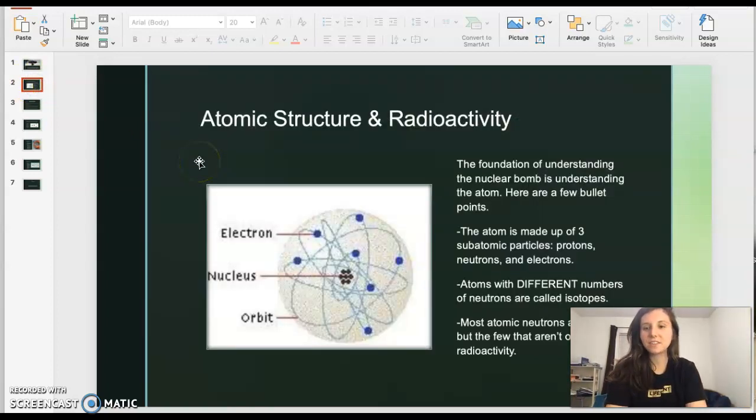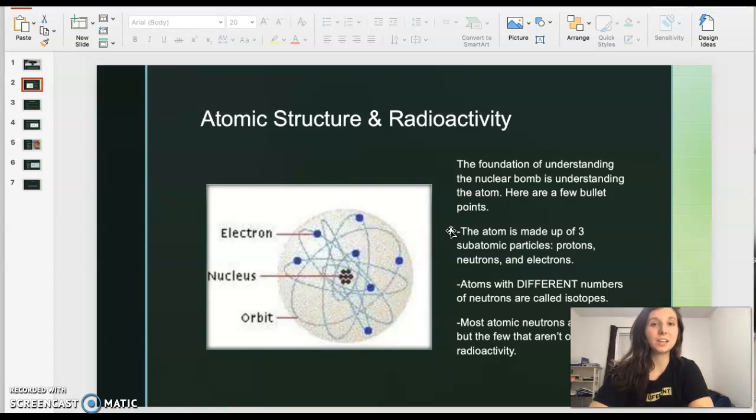Going into it, we first have to have an understanding of atomic structure and radioactivity. On a very basic level, the foundation of understanding the nuclear bomb is understanding the atom. Here are a few bullet points. 1. The atom is made up of 3 subatomic particles: protons, neutrons, and electrons.